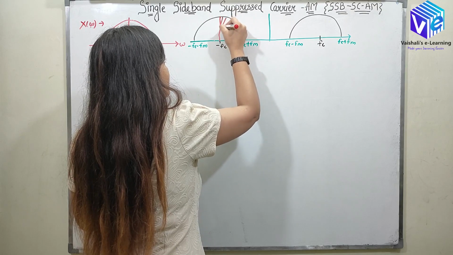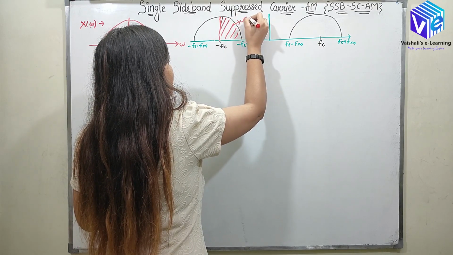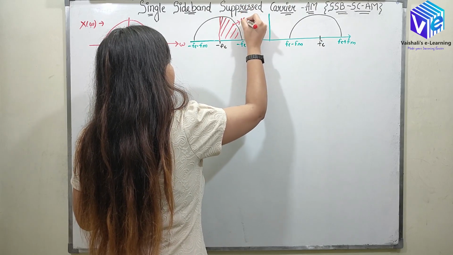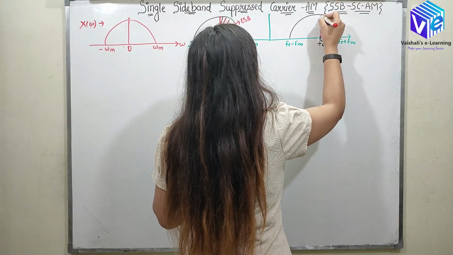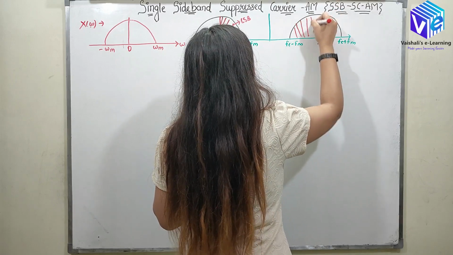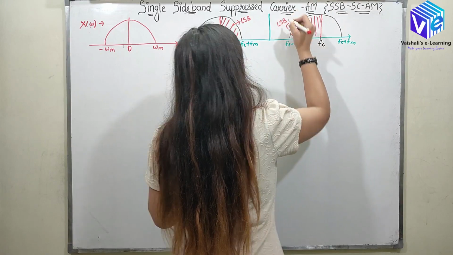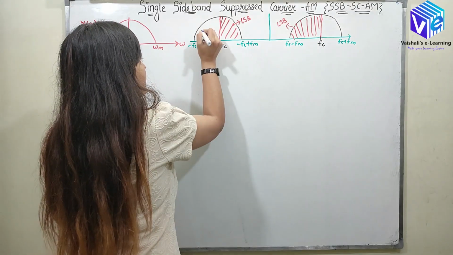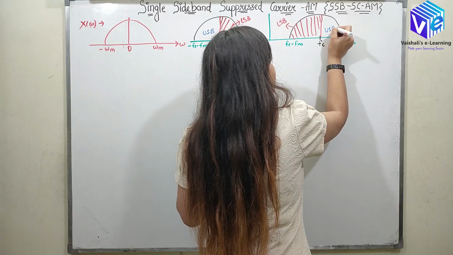This red portion is my lower sideband, sorry, and here this would be my lower sideband. This is LSB. If I talk about the upper sideband, the remaining portion is upper sideband, here and here.